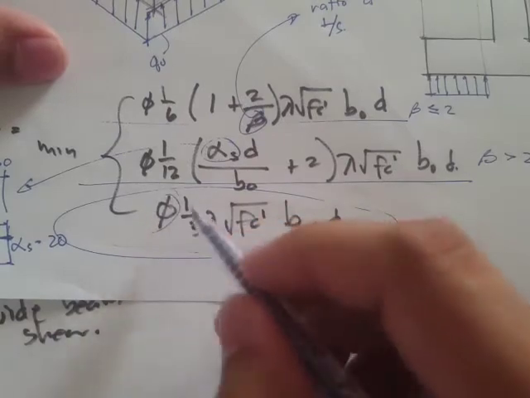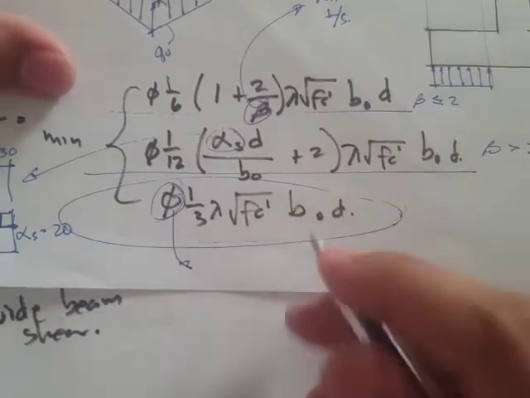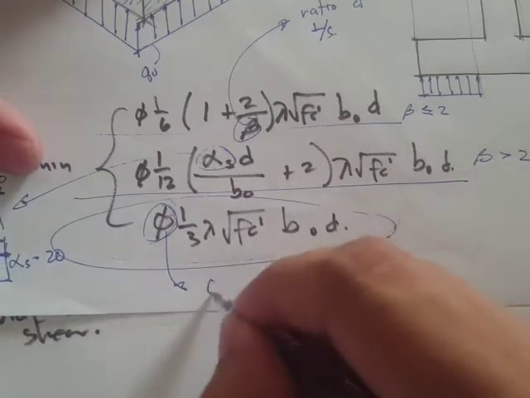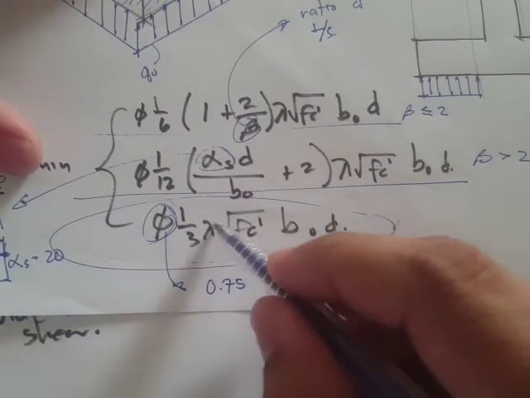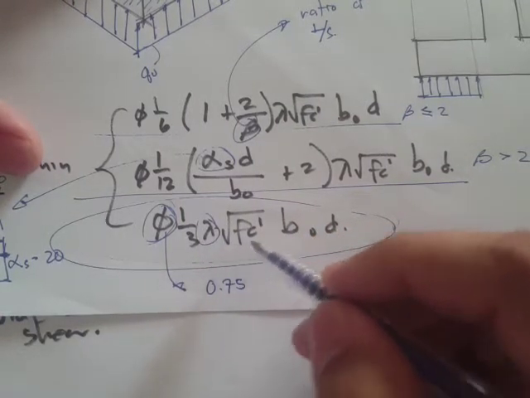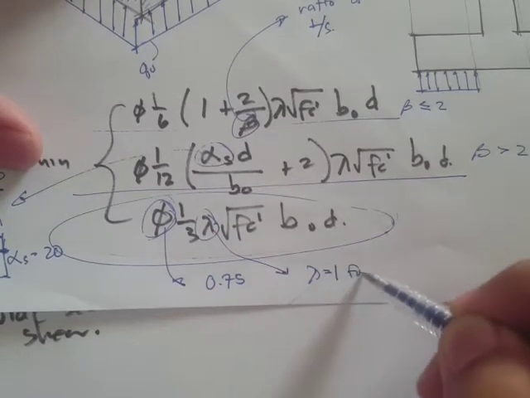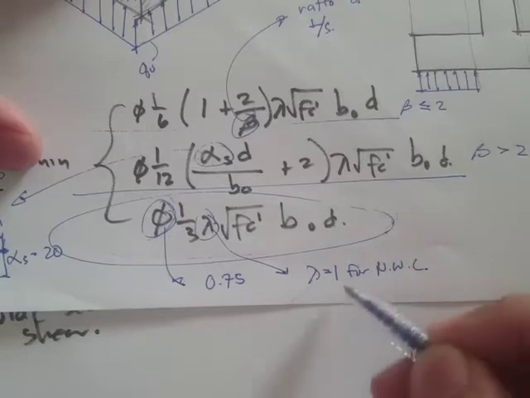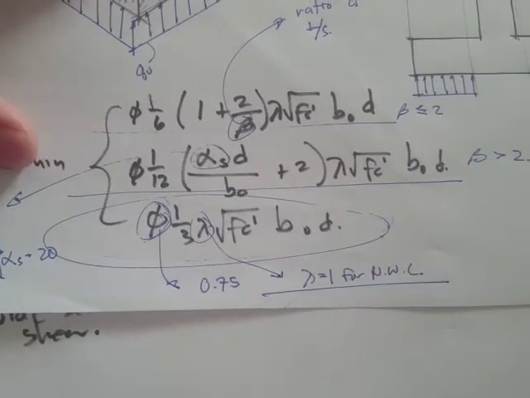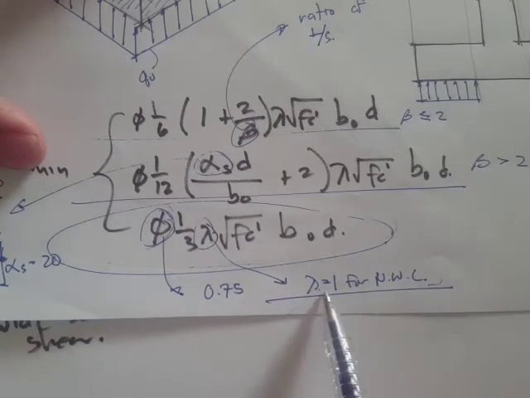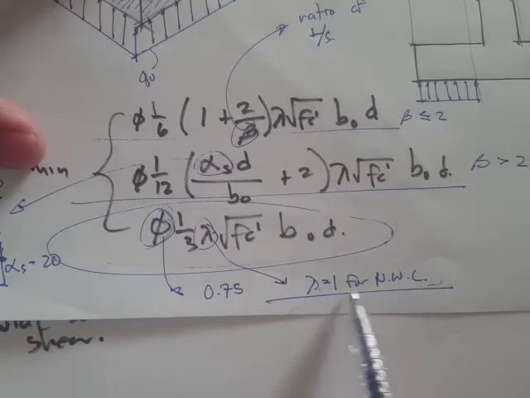Now we have this reduction factor, and since this is shear, that's going to be 0.75, and this one is the concrete modification factor, and as I've said, this alpha is equal to 1 for normal weight concrete. So unless otherwise specified in our calculations or homeworks, we'll just use alpha equal to 1.